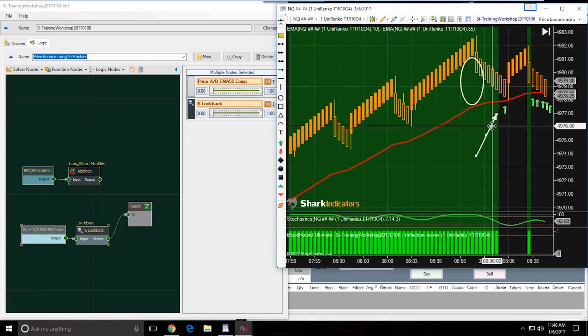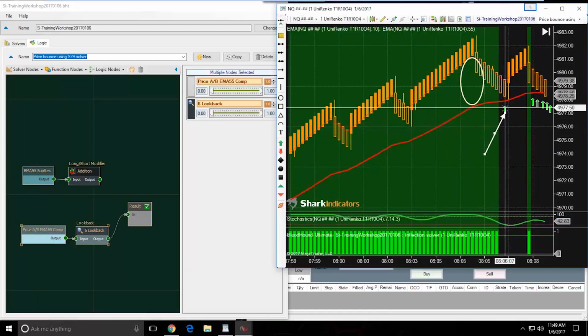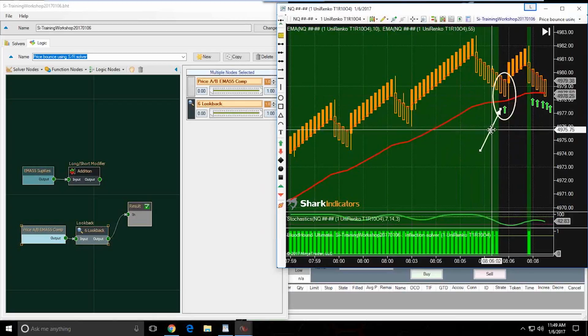So we need to get this trend output extended forward a couple of bars until it gets onto the bar that has our possible bounce. There are a couple of bars in here, right where price might be bouncing, where there is no trend output.